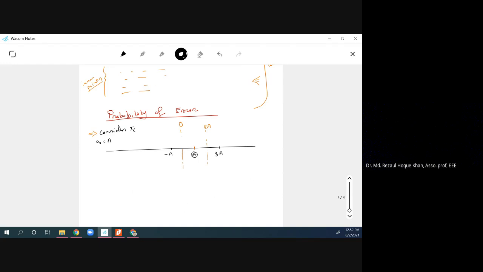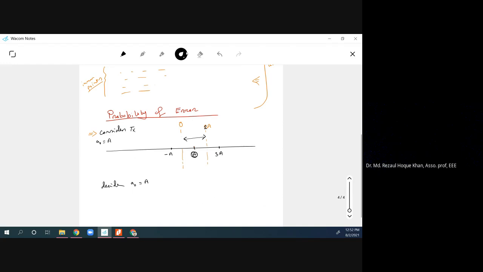Now decide how the a will be decided. Anything in between is received, we decide as a. So the story is, we transmitted this constellation. In the reception, we receive any value in between this region from 0 to twice a. If anything is received between 0 and twice a, it will be received as a, right?